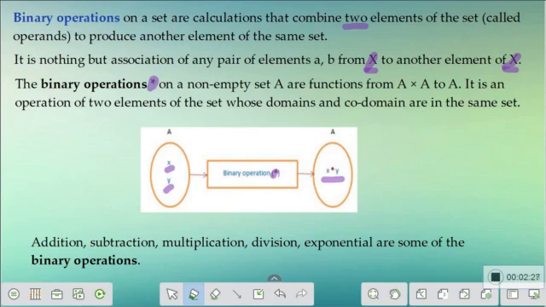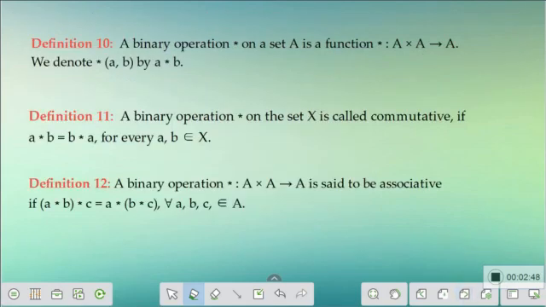That is, it could be addition or subtraction or multiplication, division, exponential, anything. So in general, we can say binary operations are nothing but combinations of operations like addition, subtraction, multiplication, and so on. Let us get into the formal definition of binary operation now.